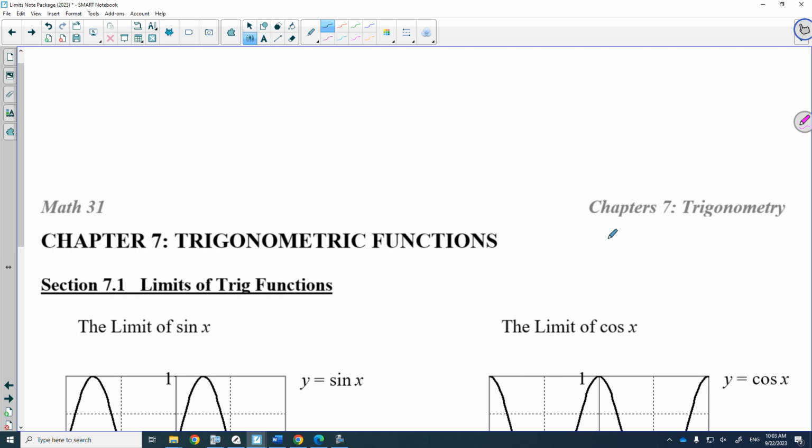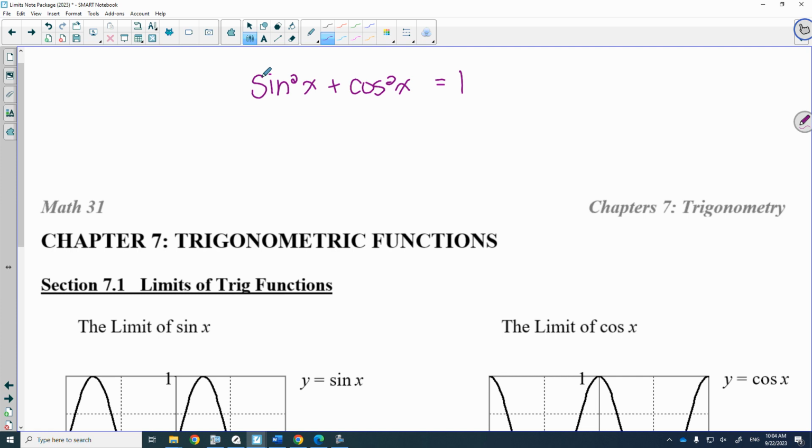The first identity that you need to know and memorize from 30-1 is the Pythagorean identity: sine squared of x plus cos squared of x. Whenever you see sine squared of x plus cos squared of x, the answer is equal to 1. That's the identity.